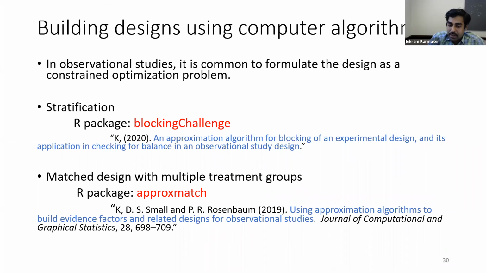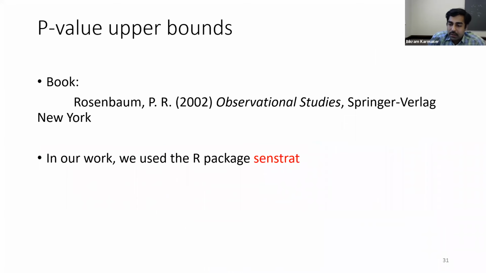In other studies, you can use a mesh design, which adjusts for covariates, but uses treatment levels with multiple treatment groups. And you can do that using the R package approxmax. The other part of it was calculating the p-value and p-value upper bounds. And we use the R package senstrat. A good starting point for those kinds of calculations would be this book by Paul Rosenbaum called Observational Studies.